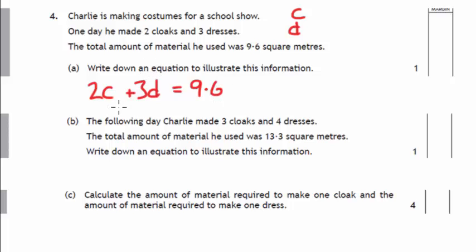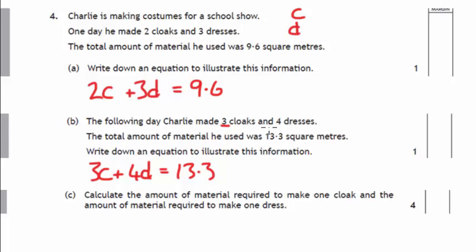Okay, and Charlie the next day makes 3 cloaks and 4 dresses, and that is going to be 13.5. So that is again 3C plus 4D equals 13.5. So you've got the equation.